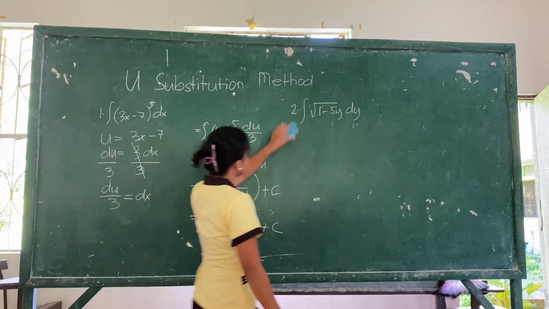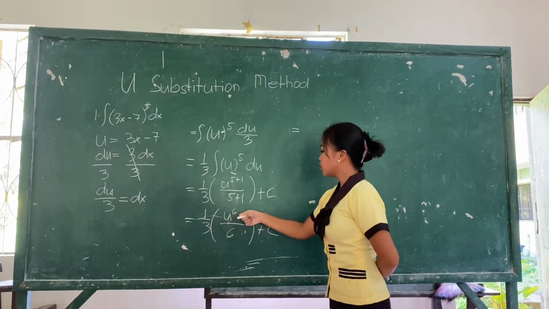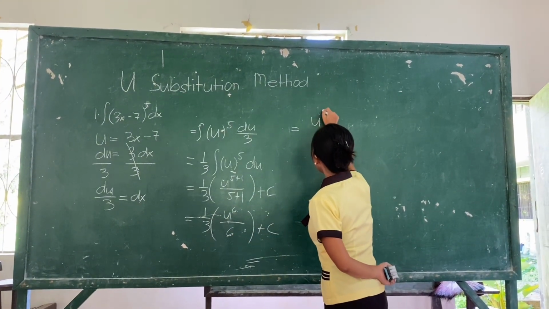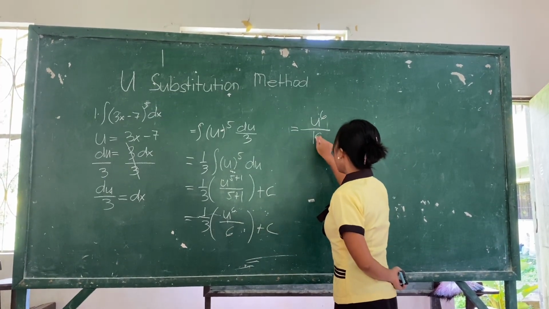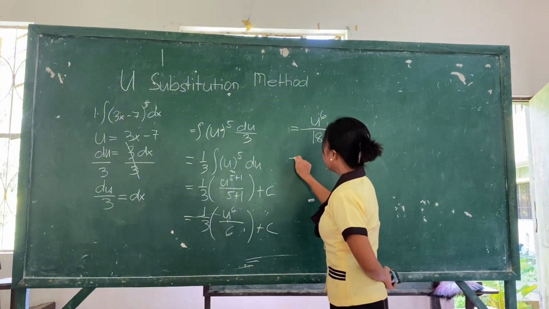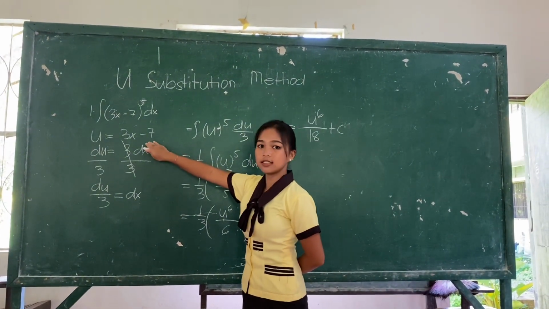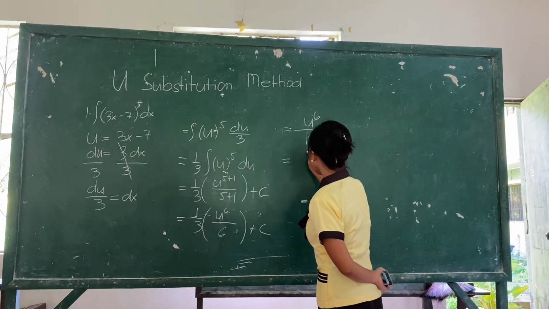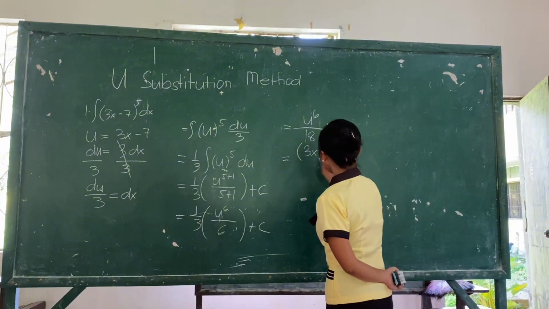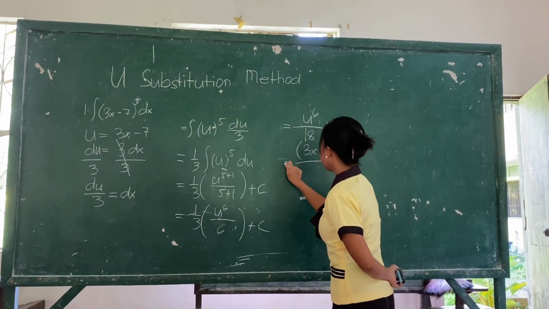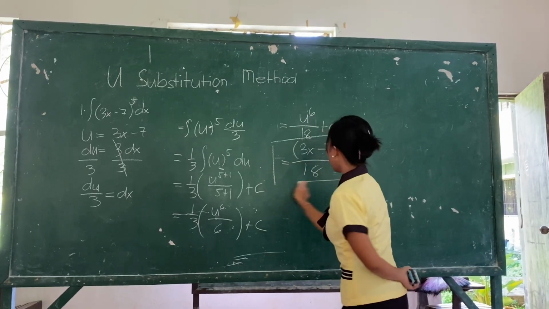Next, we will multiply this one. 1 times u raised to the power of 6 equals u raised to the power of 6. 3 times 6 is equal to 18 plus c. And then, since our u is equal to 3x minus 7, we will put here (3x minus 7) raised to the power of 6 over 18 plus c. And this is your final answer.